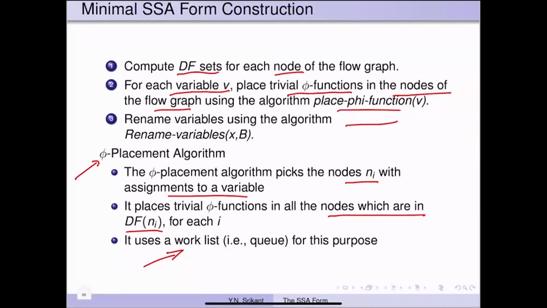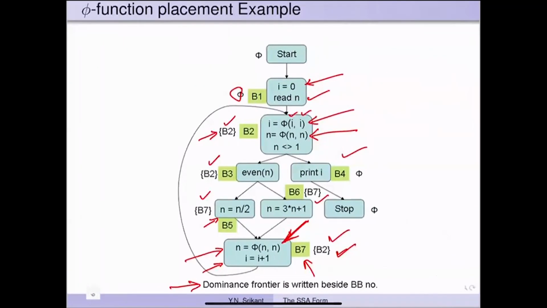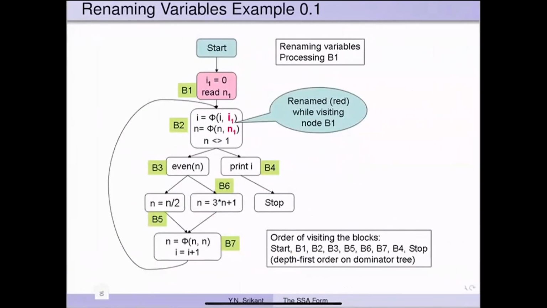The next step is to rename the variables using the algorithm rename variables. I am not going to show you the algorithm, but I will give you a very detailed example. Rename the variables, the first step, is to decide the order in which we traverse the basic blocks.